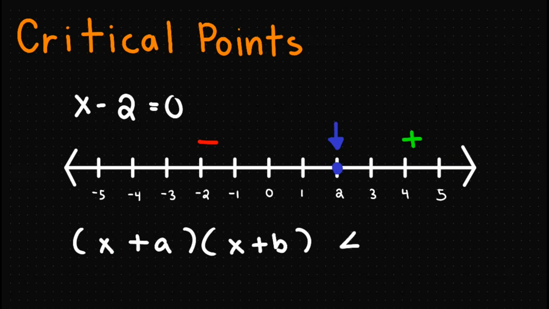And if this is less than 0, or whatever inequality it is, what we'll do is we'll get the critical point for this one and the critical point for this one. We plot them in the number line and observe each region divided by the critical points. So we can better visualize this with an example.